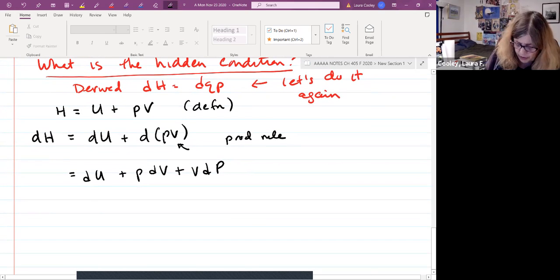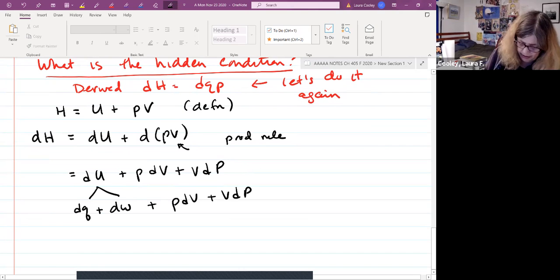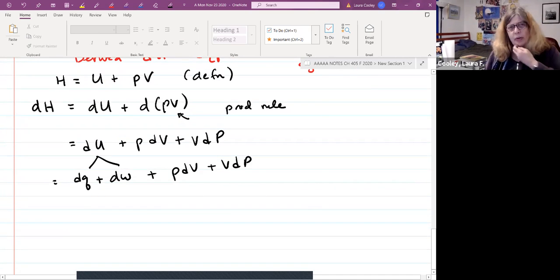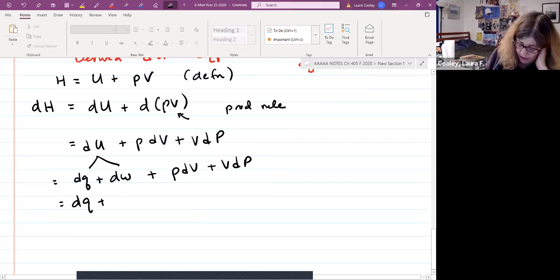Now we use the first law, but this is really where we made a restriction, because there are actually two kinds of work: expansion work and extra work.